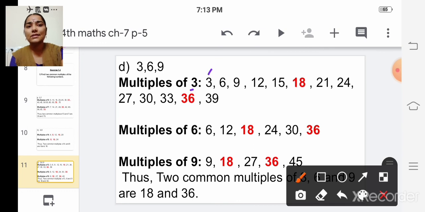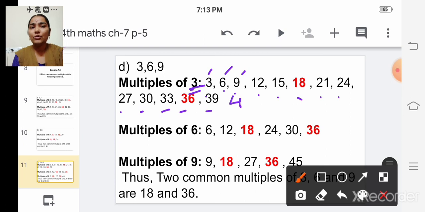We can find them by skip counting by 3: 3, 6, 9, 12, 15, 18, 21, 24, 27, 30, 33, 36, 39 and 42 and so on. It will go.